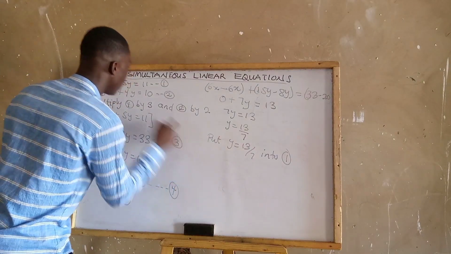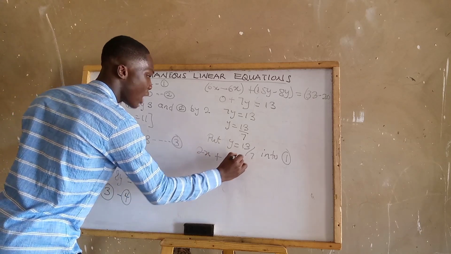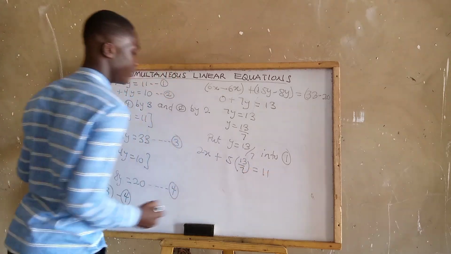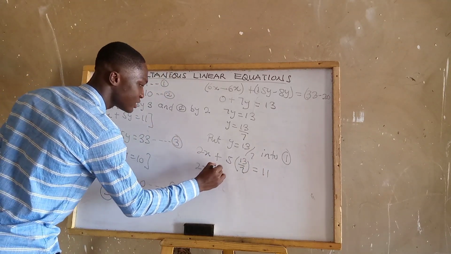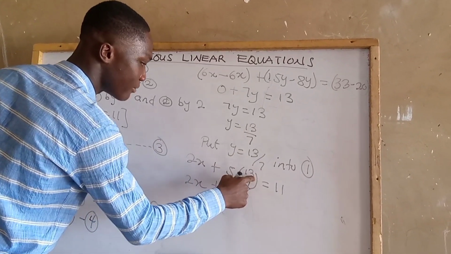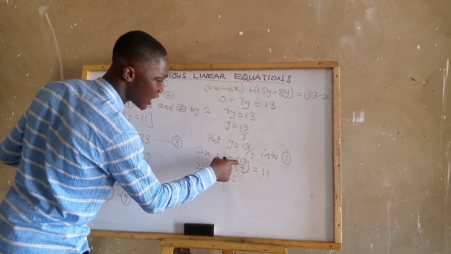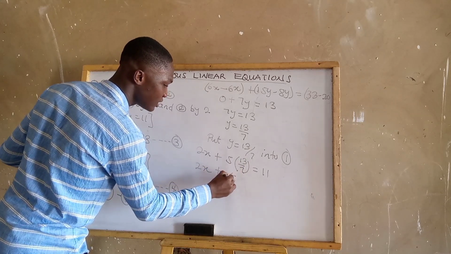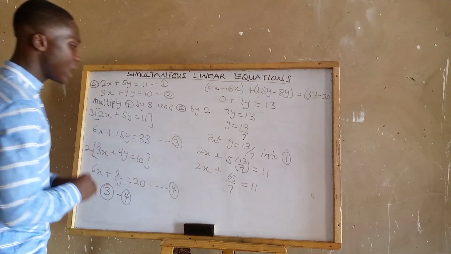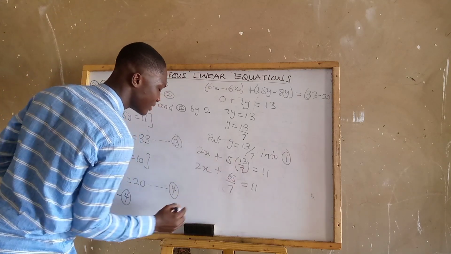So we have 2x plus 5 times 13 over 7 is equal to 11. 5 times 13 is 65, so you have 65 over 7. Now the LCM is 7, so multiply each term by 7.